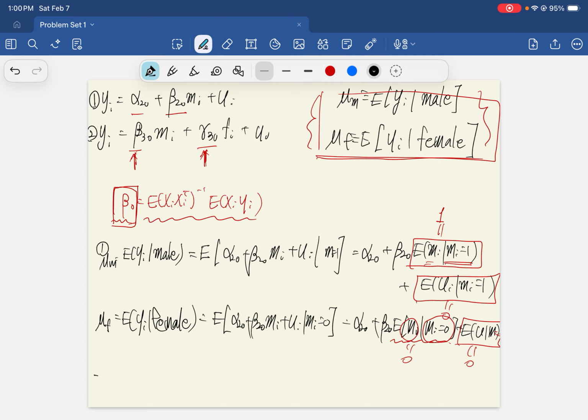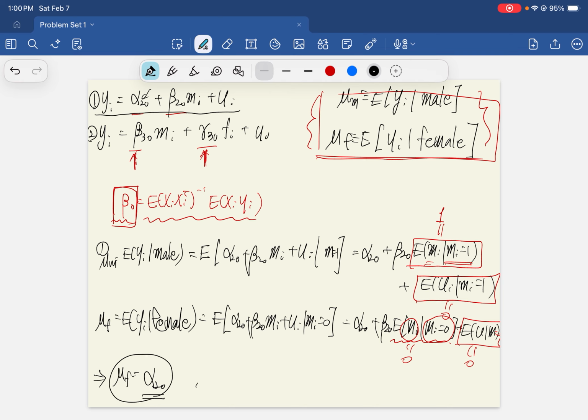That means we get mu f equals alpha 20. So the intercept captures the mean of the reference group, because in the first equation we dropped the female dummy, so the female mean is absorbed into the intercept.